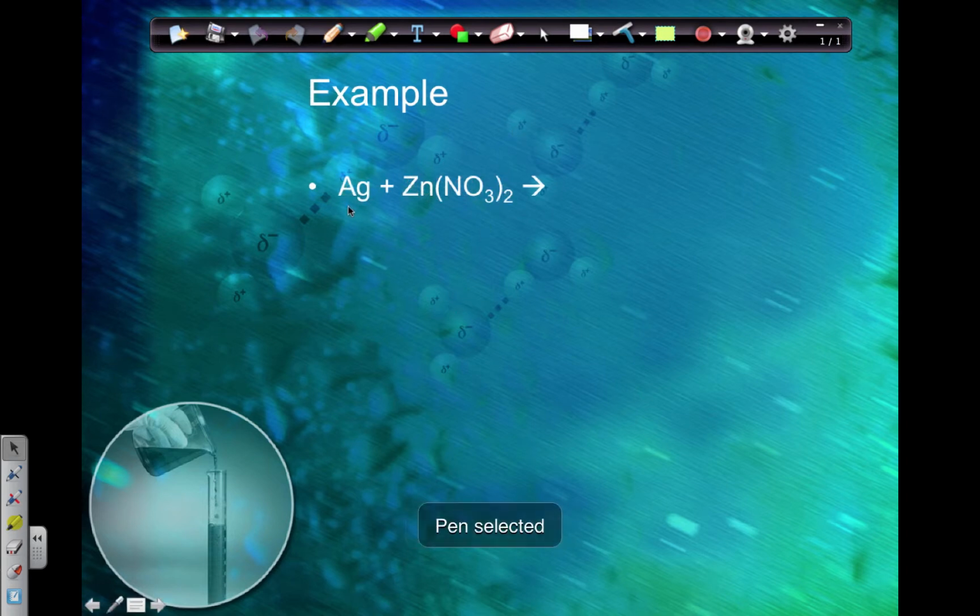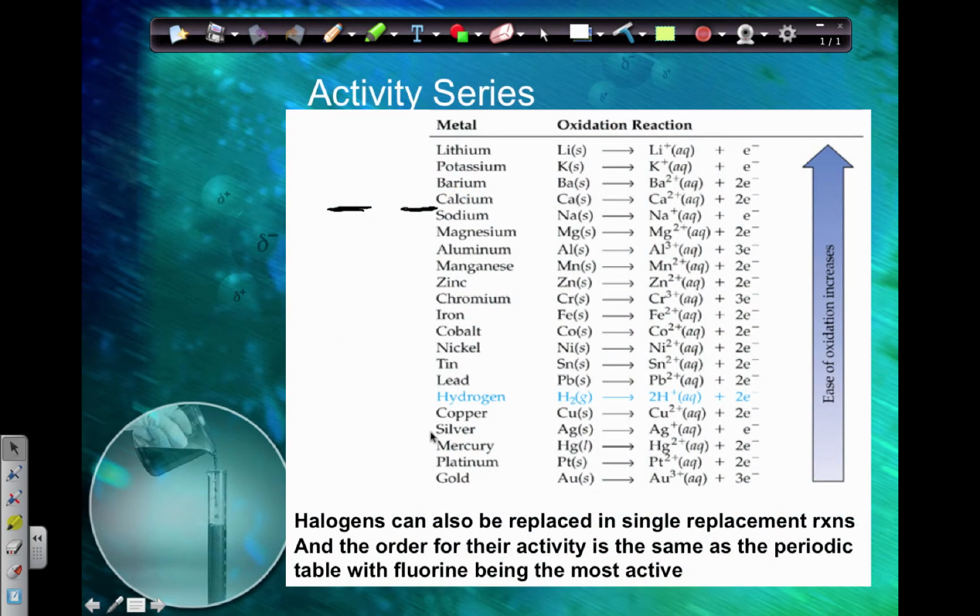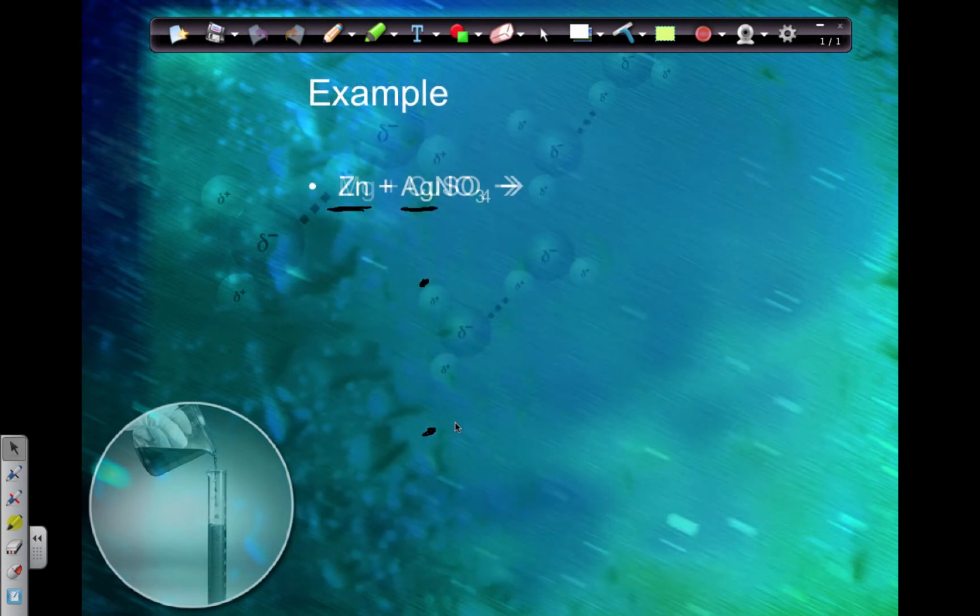I have silver by itself, and so that's metal. I'm going to compare it to the metal in the compound, zinc. Okay, so silver was the one by itself, which is right here, and zinc was in the compound. Well, that means that the reaction will not happen. So since silver is by itself here, it is not going to react with the zinc nitrate.